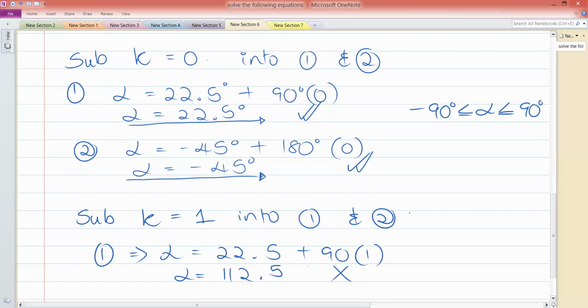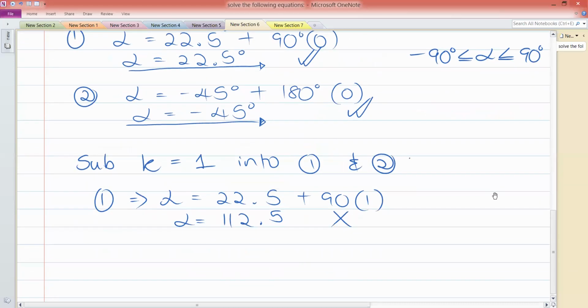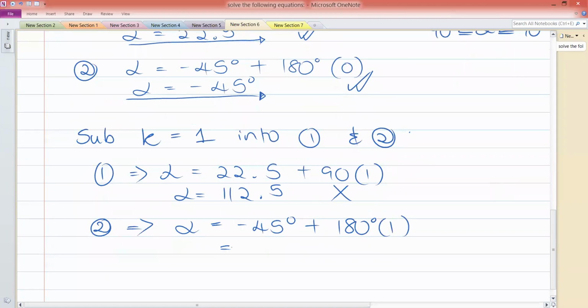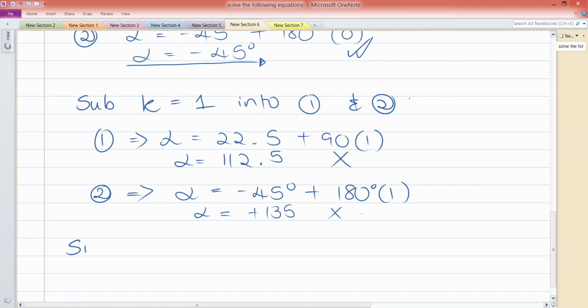Right, so it's not within the range, so we're going to discard that one. Let's do it for the second equation. Alpha equals negative 45 degrees plus 180 multiplied by 1. So now you have negative 45 plus 180, which gives us positive 135. That's also not valid.